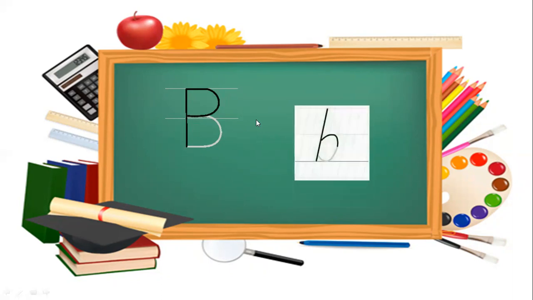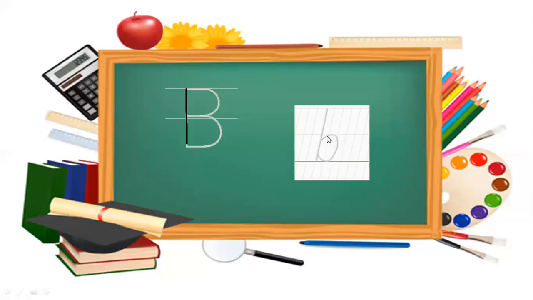Now let's try our small b, small letter B. Draw a standing line from the top to bottom using 3 lines of your notebook. Then from the middle, the second line from the center, draw a complete curve touching the bottom and the standing line.